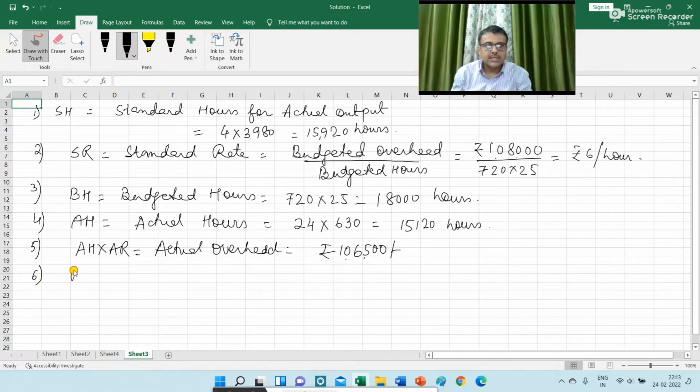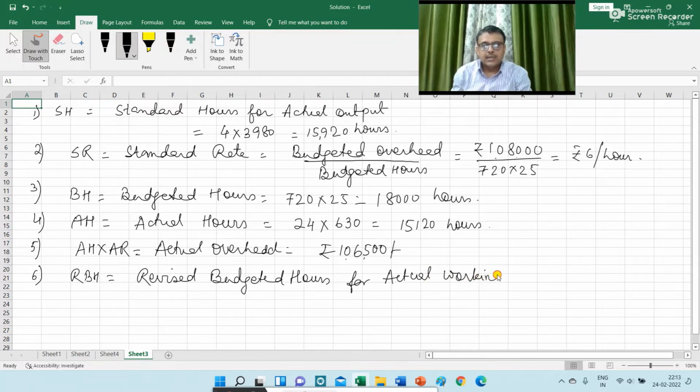And the sixth parameter is RBH, the revised budgeted hour for actual working days. This is calculated when there is a calendar variance, that is, when the budgeted working day and the actual working day differ. Your budgeted working days were 25 in June 2021, but your actual working days came to 24.